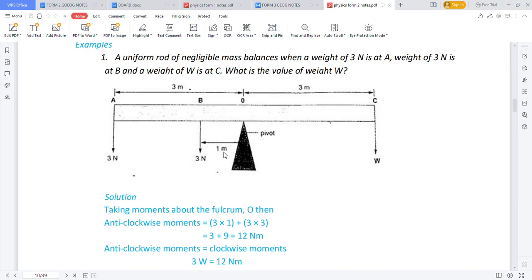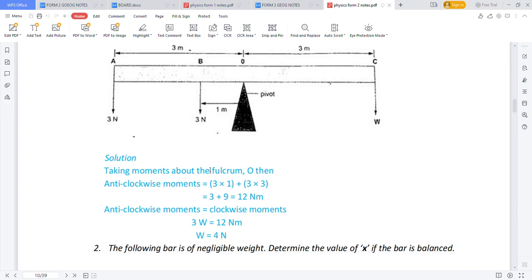And the law says the sum of the anti-clockwise moments is equal to the sum of the clockwise moments. So we are going to have 3 Newton times 1 plus 3 Newton times 3 is equal to W times 3.